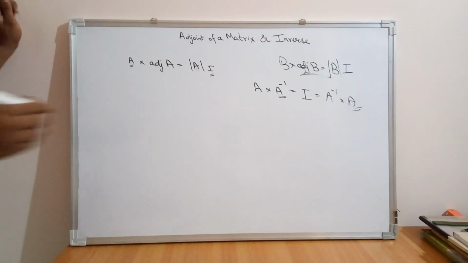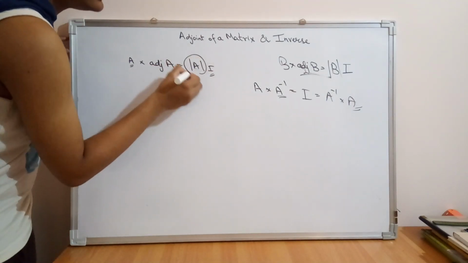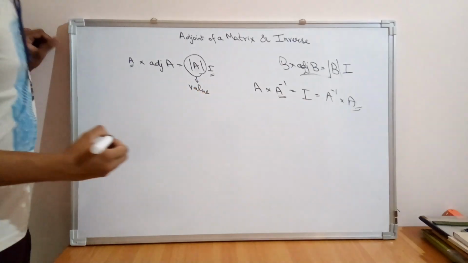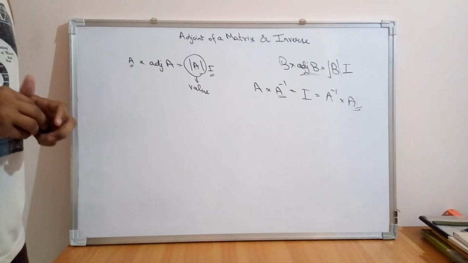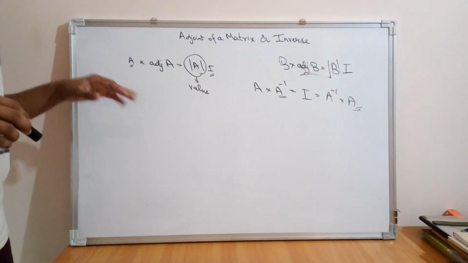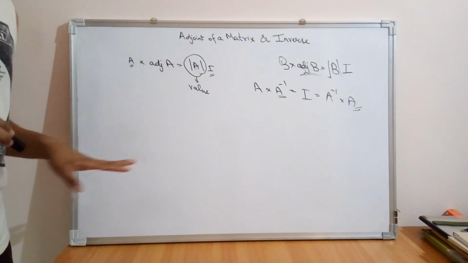For that, since I know that this det A is just a value, while defining a determinant we told that it is the number or the value corresponding to a particular matrix. So this is just a number.